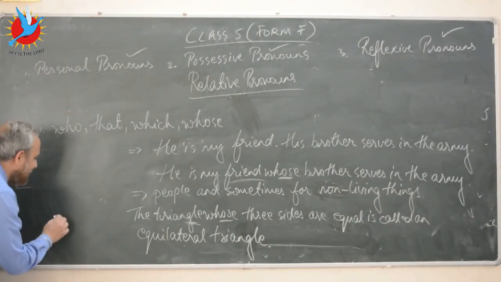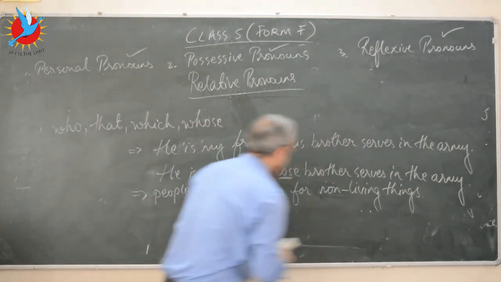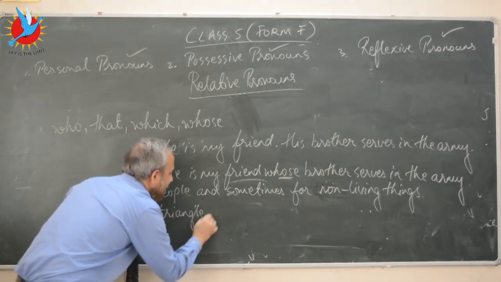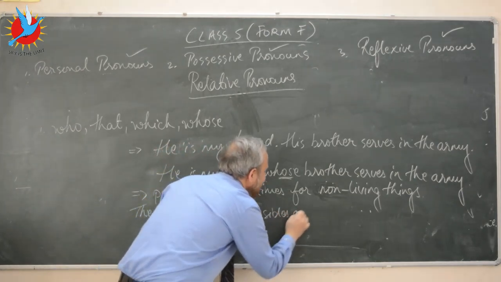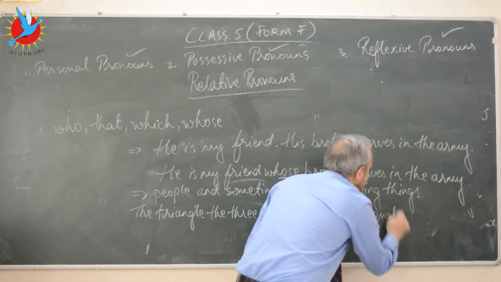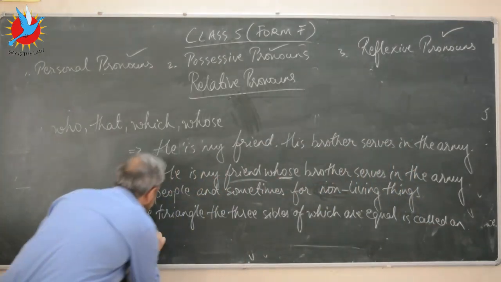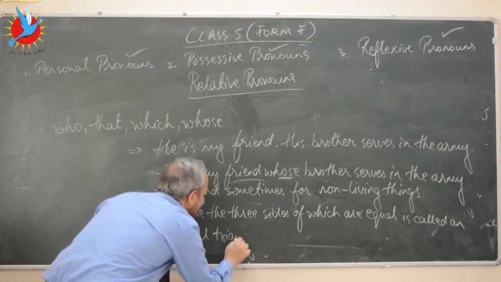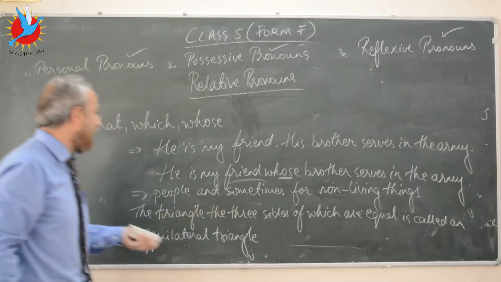So the fathers used to tell us to write it like this: the triangle, the three sides of which are equal, is called an equilateral triangle.